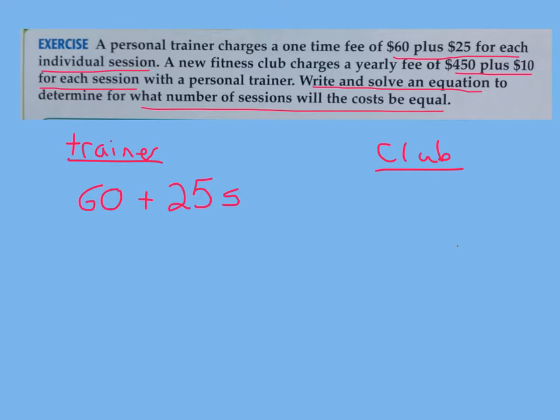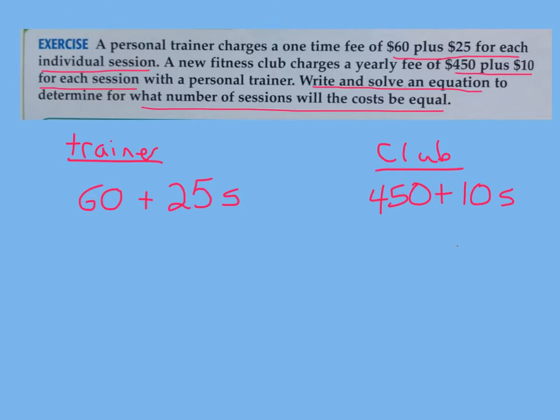So I'm going to use the variable s. Now the fitness club, I want to write an equation for what they charge. So they charge $450 plus $10 for each session. So that would be $450 plus $10 for each session, and I'll use s again for the number of sessions.